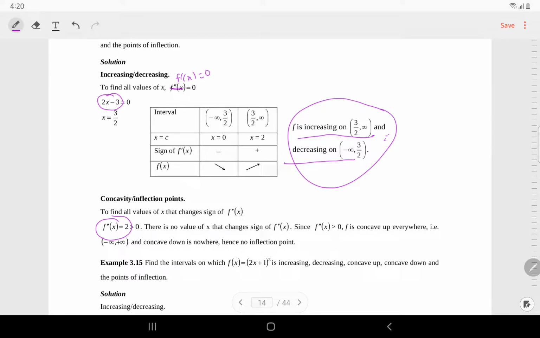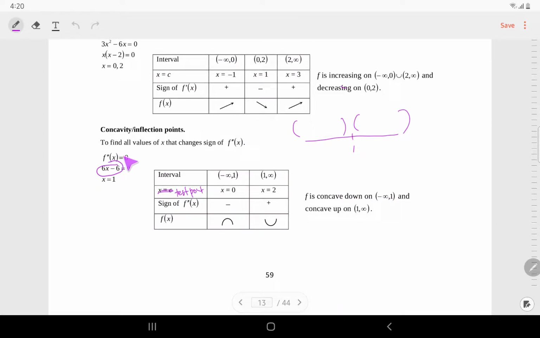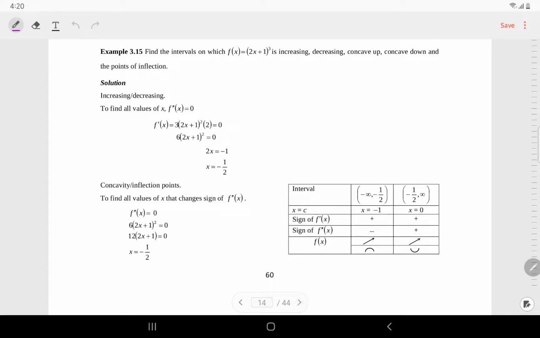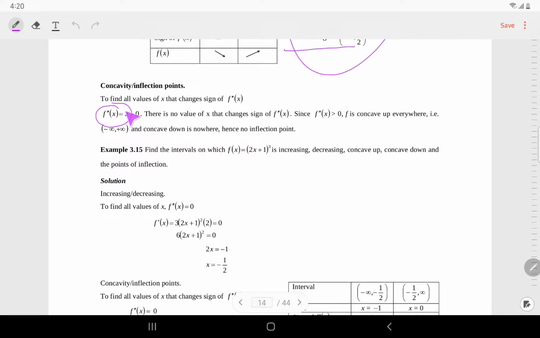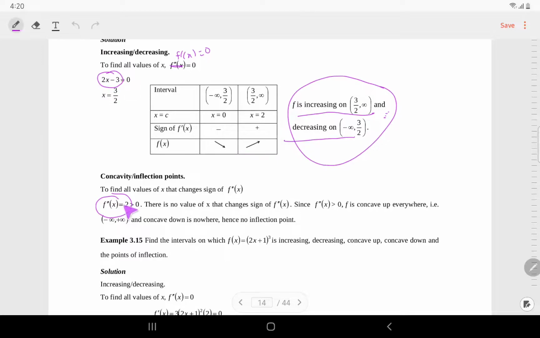Tak ada unknown x. Macam tadi kan, yang example tadi, f prime x, f double prime x kita dapat ni. So, kita find the value of x. Tapi yang example ni, f double prime x, kita terus dapat constant. Okay. So, kita boleh nampak constant is lebih besar daripada kosong.